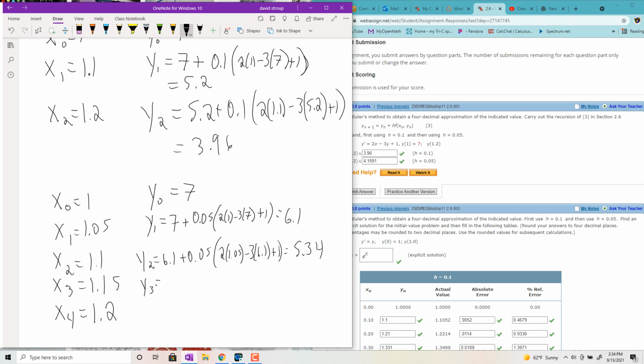Y sub 3 is 5.34 plus 0.05 times 2 times 1.1 minus 3 times 5.34 plus 1.